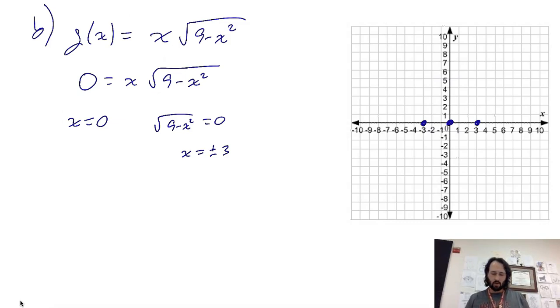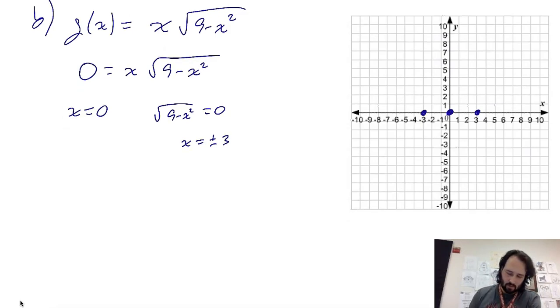So interesting graph here. I think it's going to be kind of like two semicircle type things, but I don't know. Let's find out. All right, so then let's do our derivative. So it's going to do the product rule.